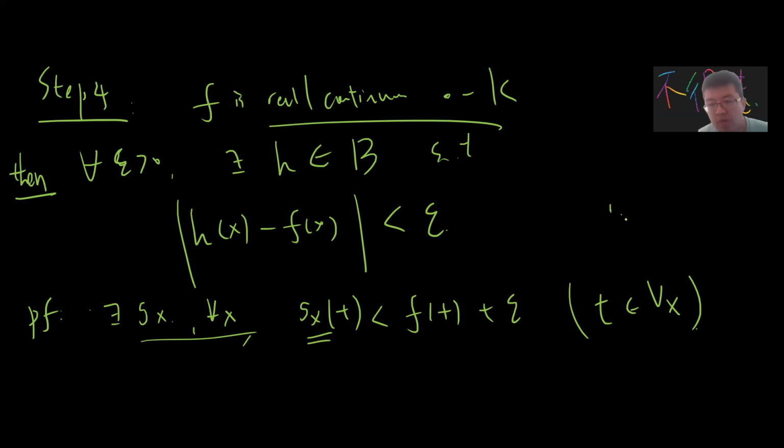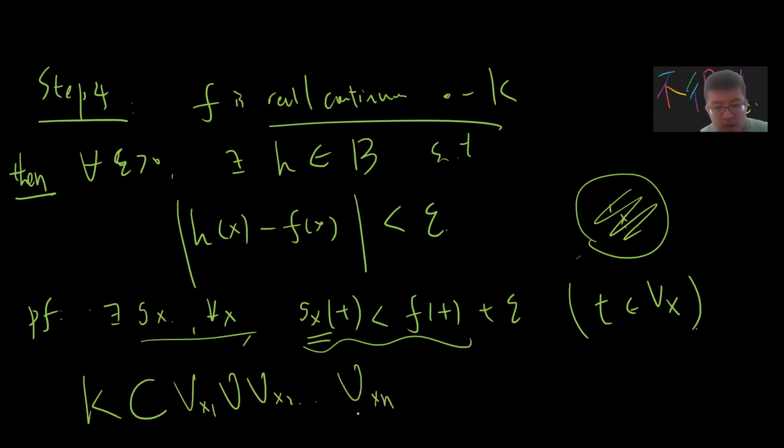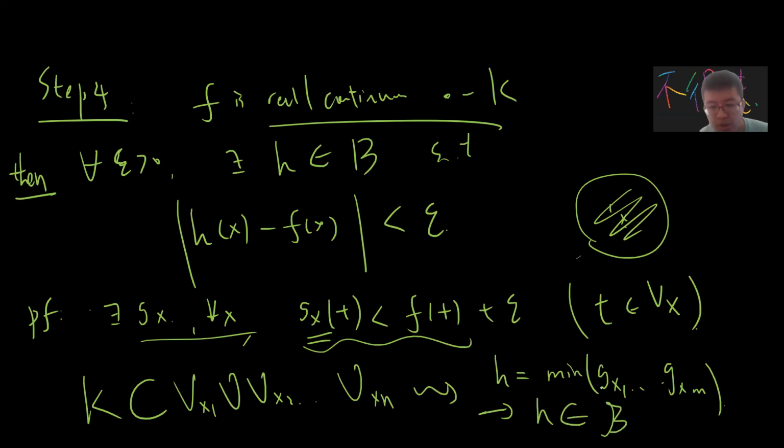So for this x, I can find an open neighborhood such that this g_x(t) satisfies this relation. Okay, and also do the same trick, right? So K is covered by all these V, a finite cover, because K is compact. And then you take h to be the minimum of g_x1 up to g_xm. Okay, so by the previous lemma, you also proved that h belongs to B.